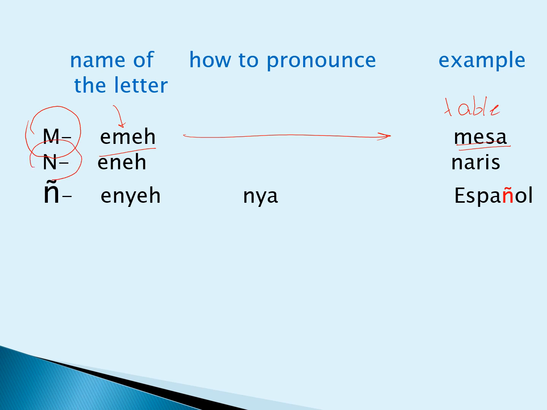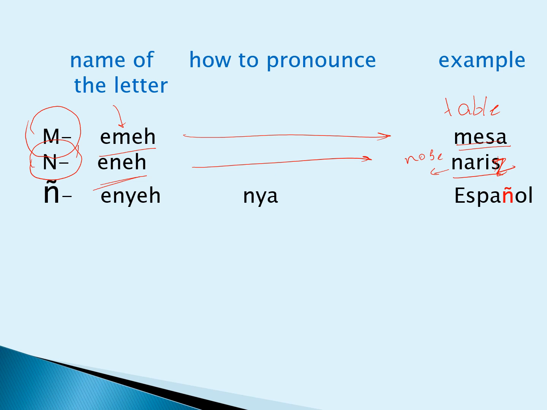In English, this is letter N, but in Spanish, the name of the letter is different. Right. Example, nariz. This should be Z, not S. Z, right? Nariz. Nariz means nose.